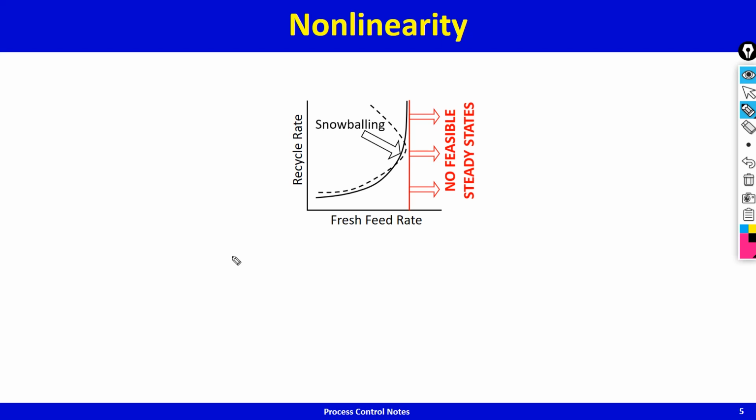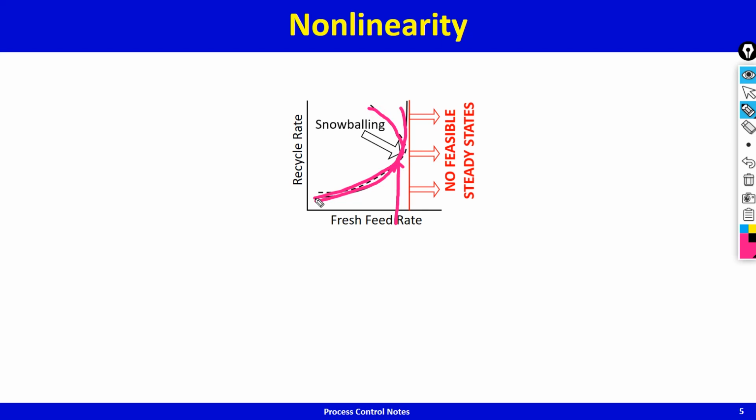Now imagine a situation where you are setting production by adjusting a fresh feed. So let us say your base case is over here, the operator has set production here, and now you see these curves are not static.